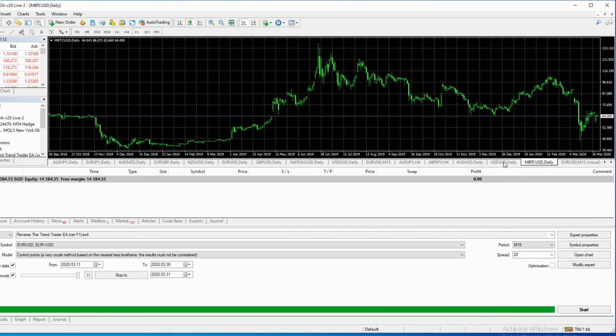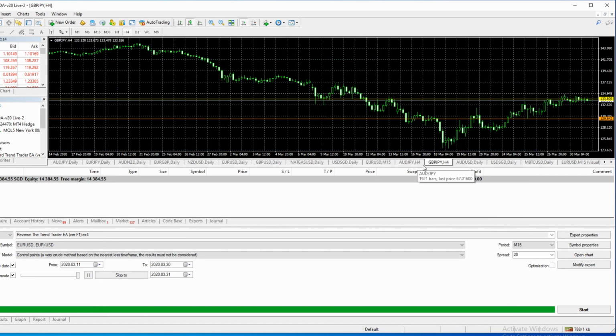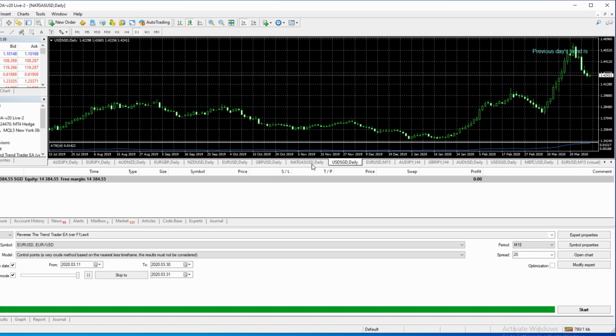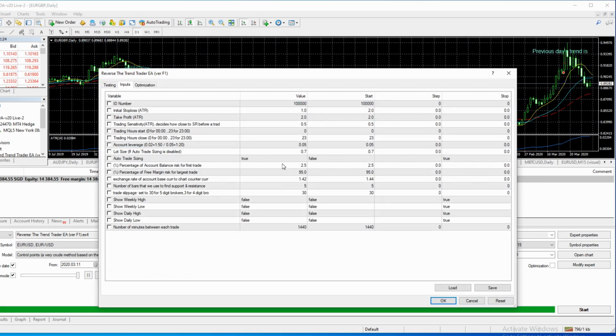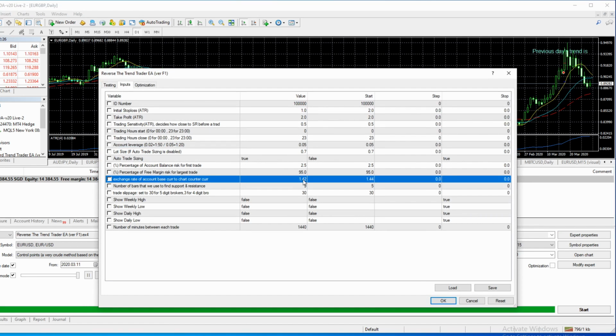But if I'm trading a different pair, for example, Euro dollar Great Britain pound, then in this case, my setting here, I need to change it to the exchange rate for Singapore dollar to Great Britain pound. So I need to factor it in order for my formula to work correctly.